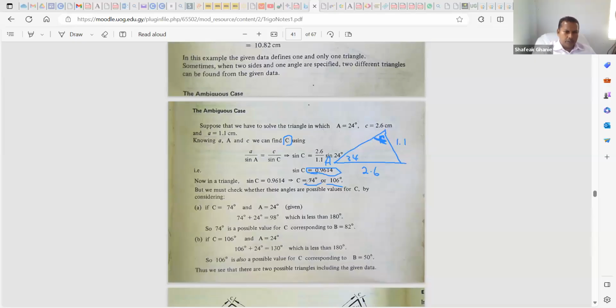How will you get this 74 degrees? Sine inverse of 0.96114. And you did that where? You said inverse, so how will you get that?